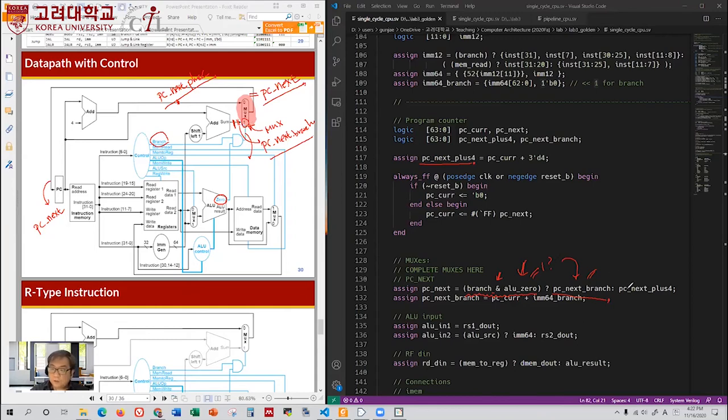And otherwise, that means 0, because the selection signal has only two cases, 1 and 0. So if it is not 1, then it is 0. Then PC next plus 4 is selected. It becomes the PC next. So understand?